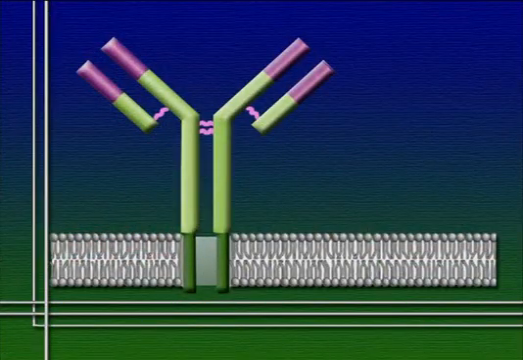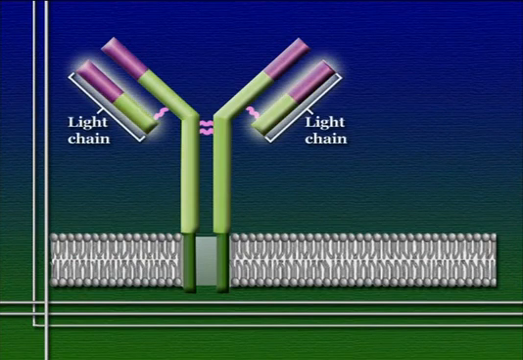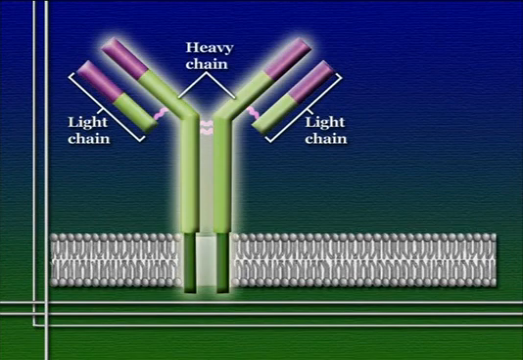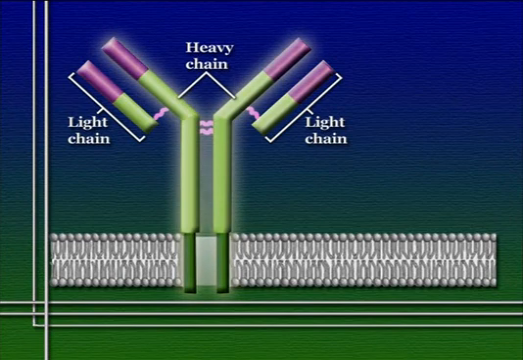Now, B cell receptors, and this is the point, are composed of several parts which are functionally and structurally distinct. First of all, the receptor is actually composed of 4 different proteins that are combined together. There are 2 identical shorter pieces that we'll call light chains, and 2 identical longer pieces, longer proteins, that we'll call heavy chains. Now, these 4 parts, these 4 proteins, come together in sort of a Y-shaped structure.